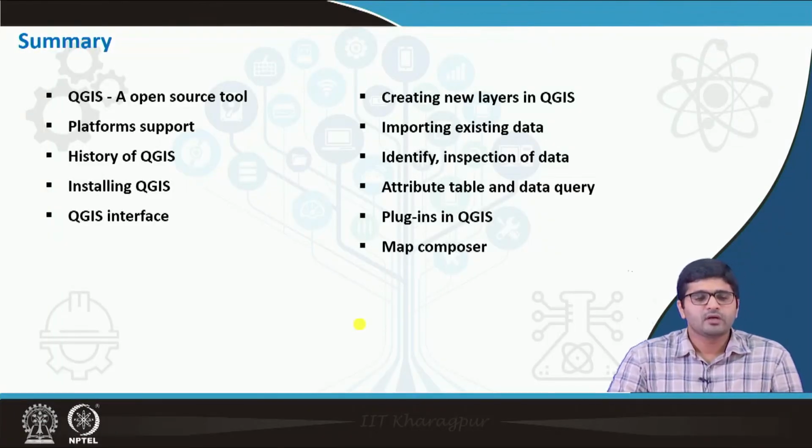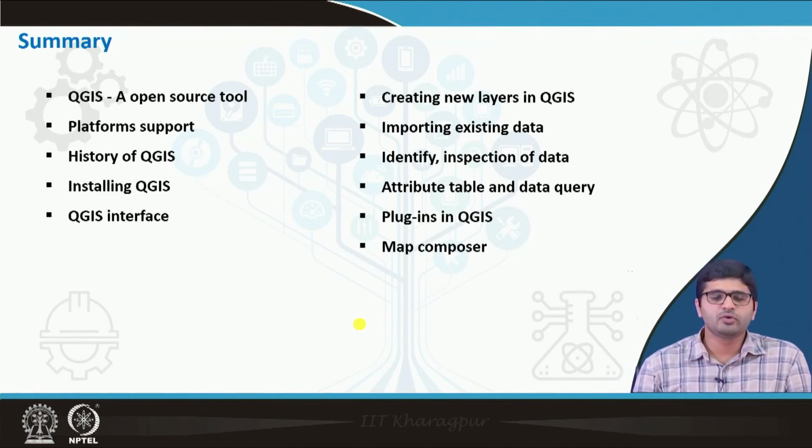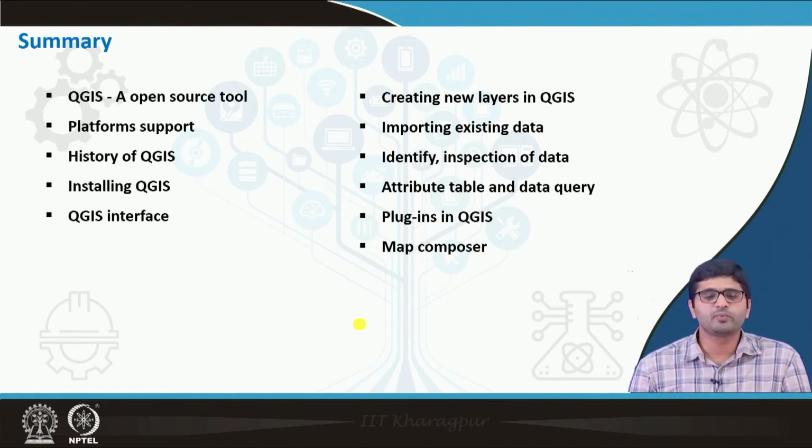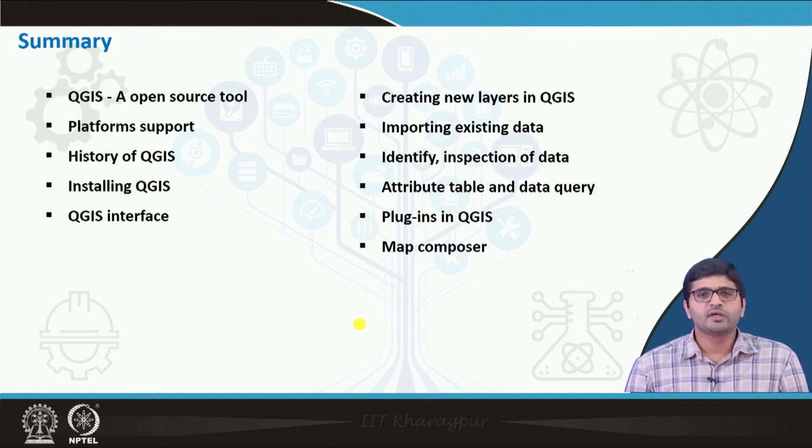So in a nutshell, we have seen how to install QGIS as an open source software, what kind of platforms it supports, the history of QGIS from when it started and where it lies in the GIS timeline, and from where to download it.